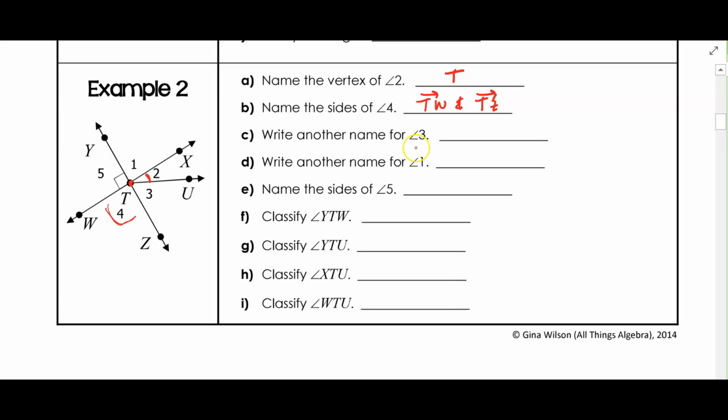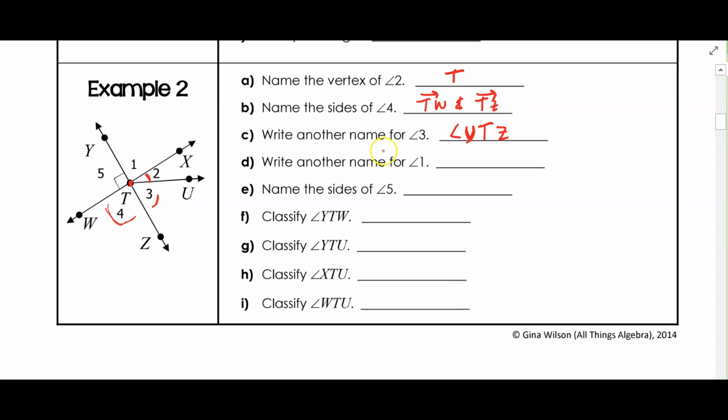Alright, write another name for angle 3 over here. Now, we can't just call it angle T because we don't know which one of these we'll be talking about, so we're going to have to use 3 letters. So I know that T has to go in the middle, so angle 3, then I'm going to pick a point on one side, so that's U, and a point on the other side, that's Z. So this could be called angle UTZ.